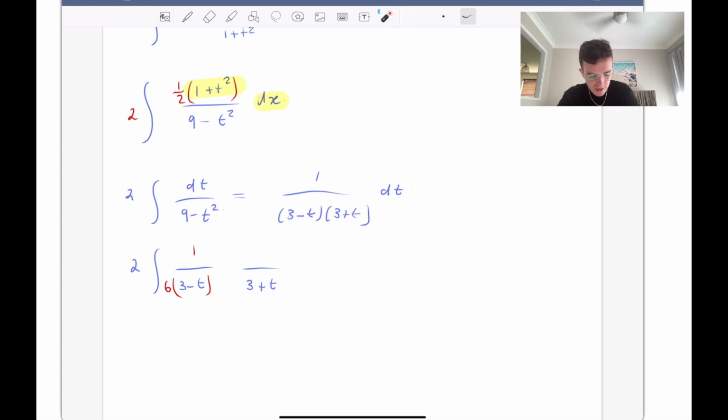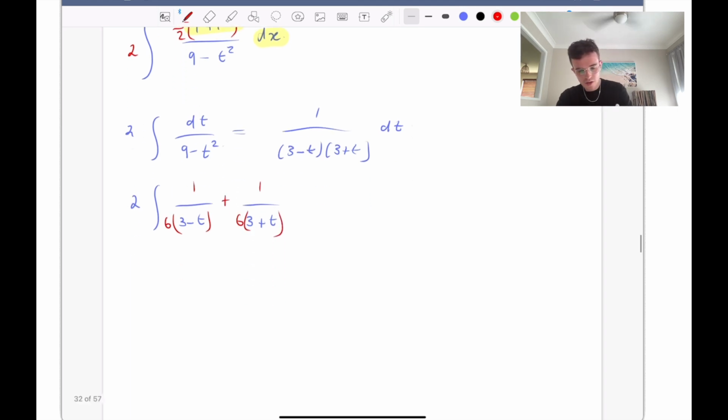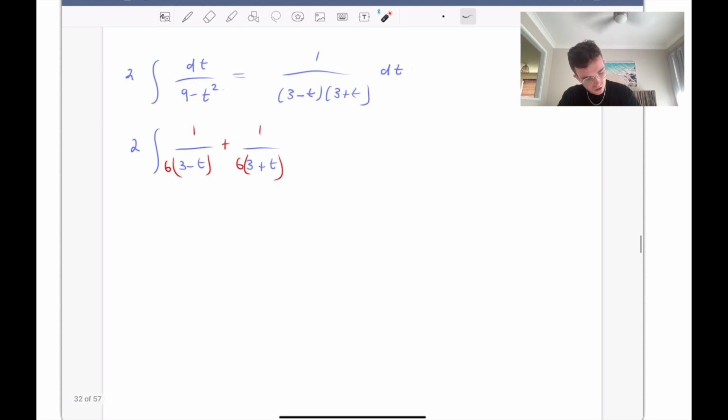And then to make this 0, we need to make this minus 3. So we're going to put minus 3 here. Again, that makes that 6. So this has to be 1 over 6, and there's a plus in the middle. So this is simply equal to 2 over 6, the integral of 1 over 3 minus t, plus 1 over 3 plus t.